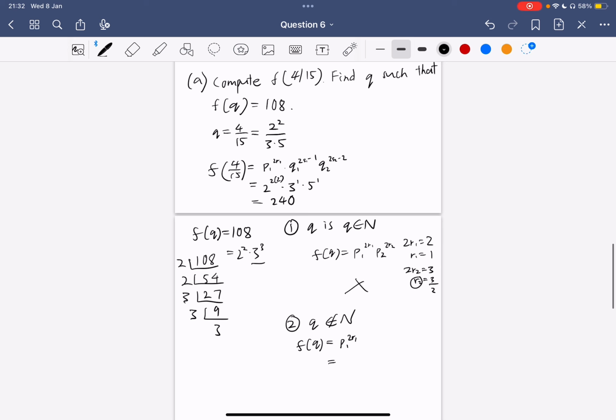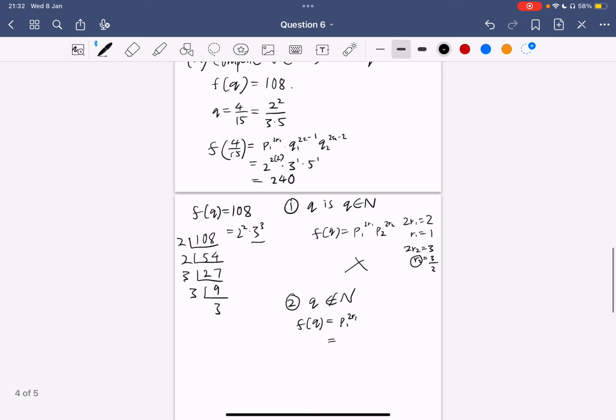So the second prime number, as shown previously, can't be in the denominator. Sorry, it can't be a value of p, so it has to be a value of q here.